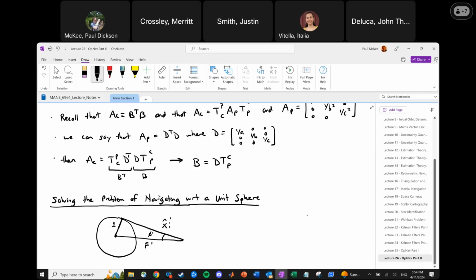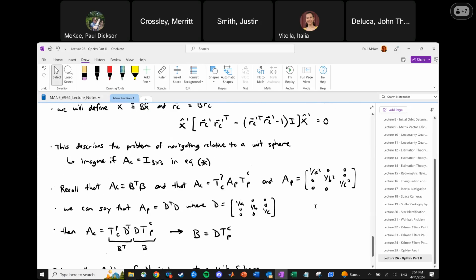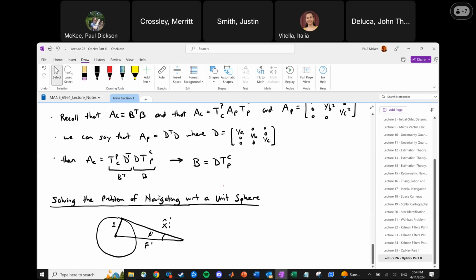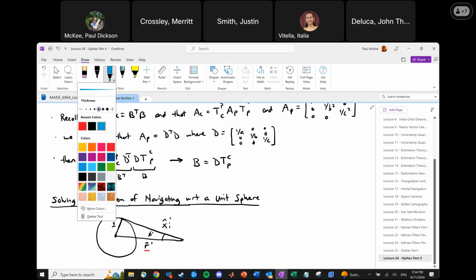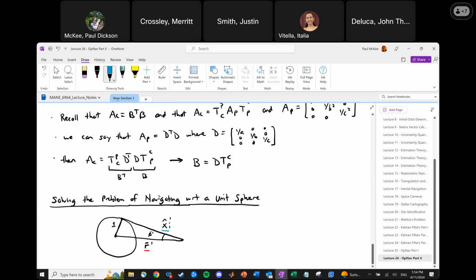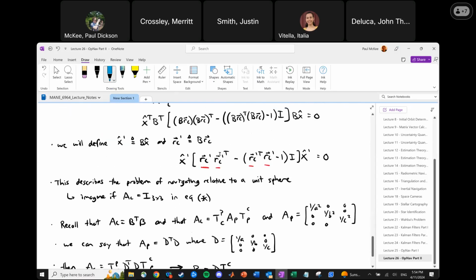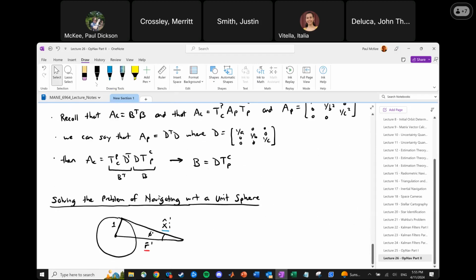This R, which appears here, here, here, and here, is this R. And then I'll switch to blue. This X is this X. So we've just drawn a picture describing this mathematical relationship here.